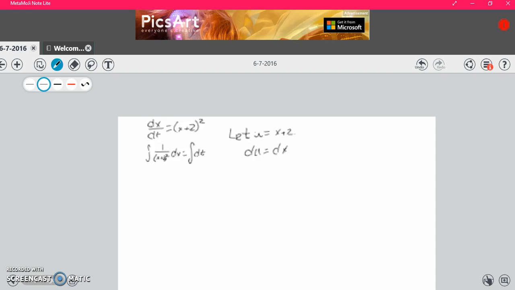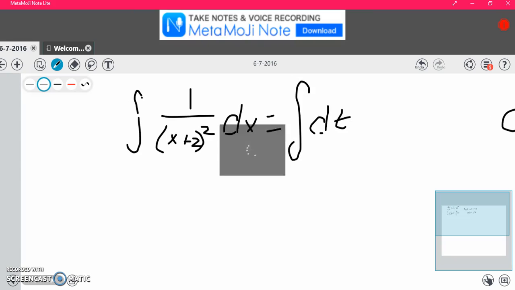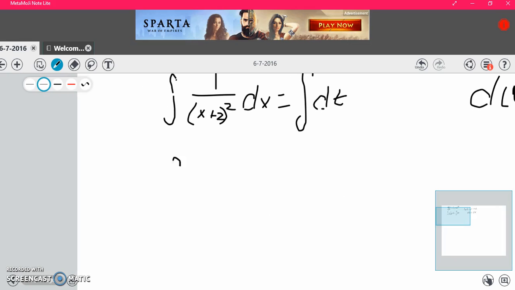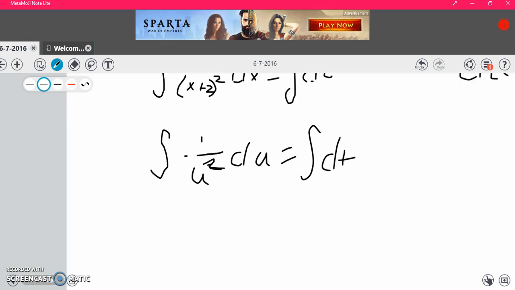And my computer's being very glitchy, I apologize. Okay, so now we're back here. We're going to put in our u substitution. It's the integral of 1 over u squared du. We still have our dt over here.